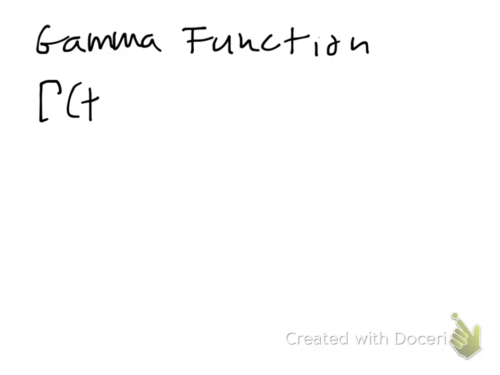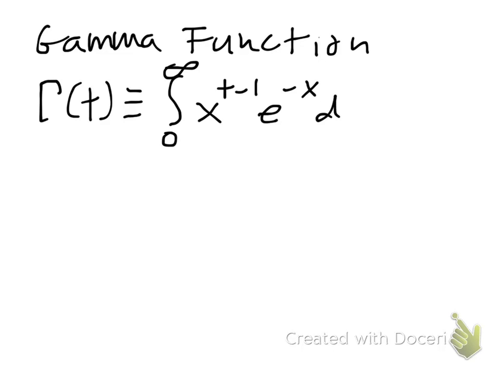Gamma is a function of, let's say, t. It's defined to be the integral from 0 to infinity of x to the t minus 1 times e to the minus x dx. Note the actual gamma function is a function of the variable t, but the integral that it is defined to be is over the variable x.